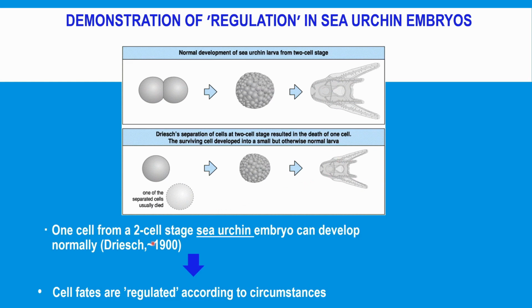And this then gave rise to a new theory of regulation, that there was a regulated development, that the cells that were left over could sense the absence of another or induce neighbor cells to take that role, that the embryo as it developed was adaptable, that things weren't determined right from the mother's distribution of maternal factors or these nuclear determinants, that the embryo was able to compensate or regulate for the absence of a cell.